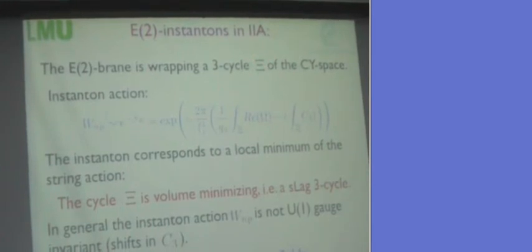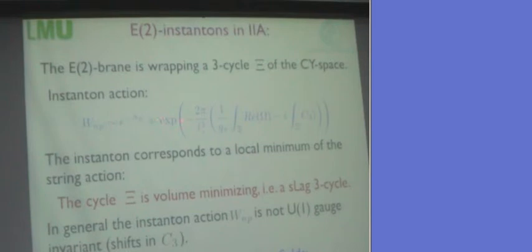The cycles of the space-time filling branes are called Pi. In order to have a different notation, the cycles of the instanton branes are called Xi, of the Calabi-Yau space. And it's, I think, clear from the beginning that the non-perturbative superpotential is proportional to the exponential of minus the instanton action.